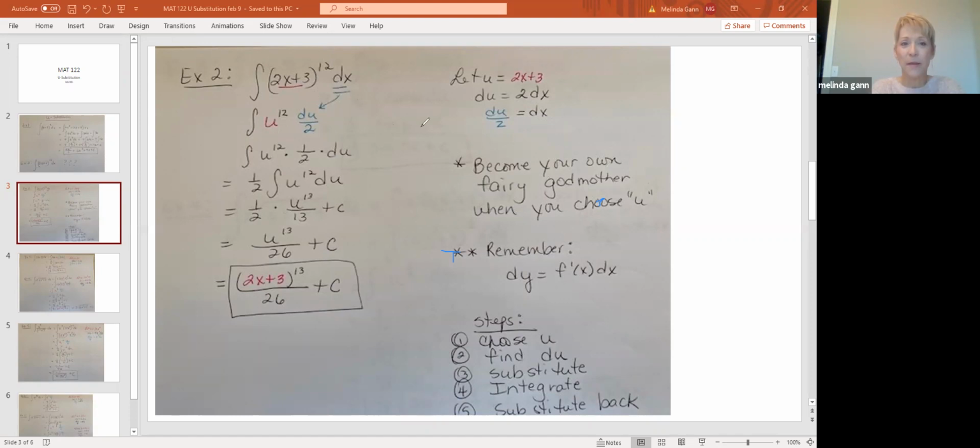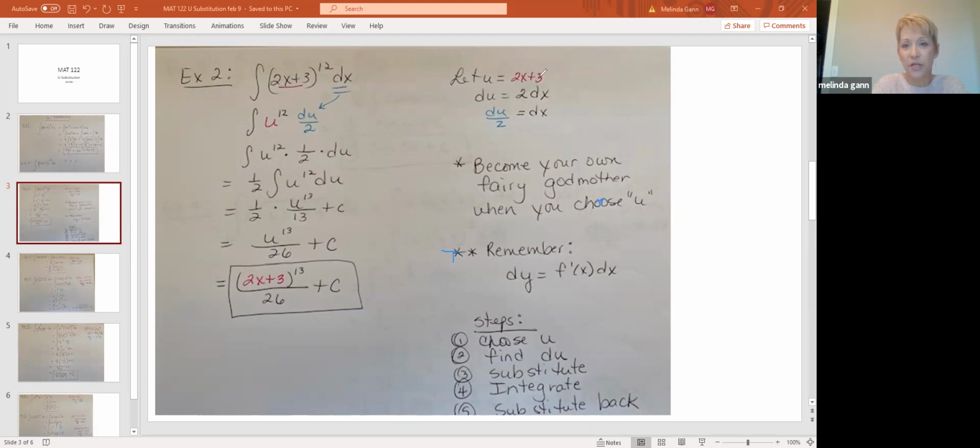So that's what I mean by make your own wish come true. What could you substitute in for U and make it just a single letter raised to a power? All right. So to me, I see something raised to the 12th power. So I let U be my something.